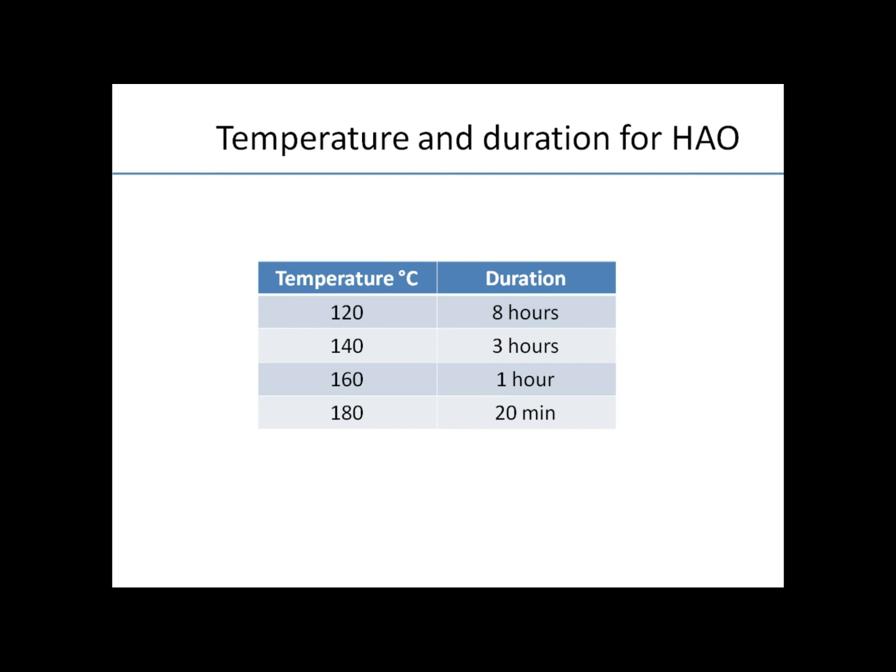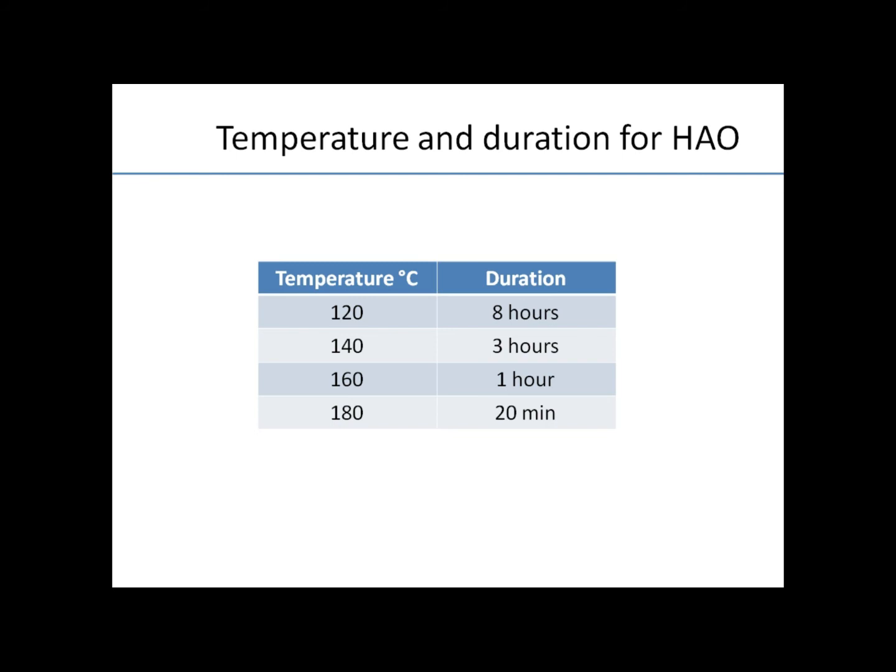If our temperature is 140 degrees Celsius, then the duration will be 3 hours. At a temperature of 160 degrees Celsius, the duration is 1 hour. And if the temperature is further high at 180 degrees Celsius, then the duration required for sterilization is 20 minutes.